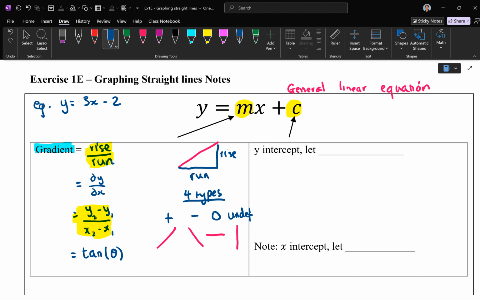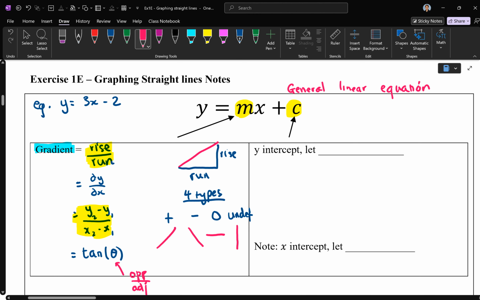Now, if you remember back in maybe last year where you did SOHCAHTOA, what's tan of theta equal to again? TOA, which represents what? Yes. If you break this apart, opposite divided by adjacent. If you think about that right angle triangle I just drew, we said rise over run.